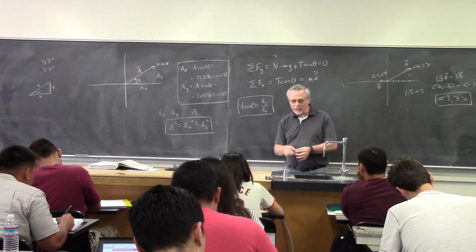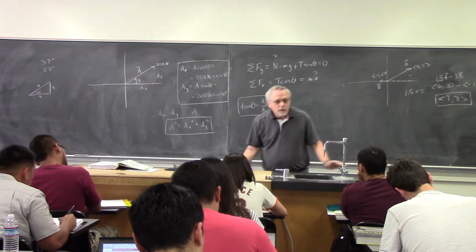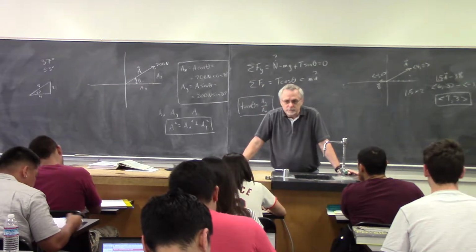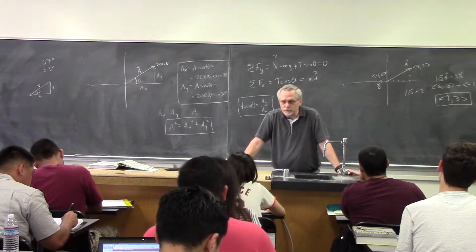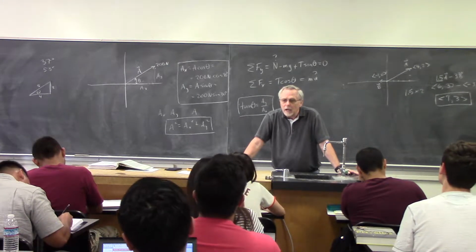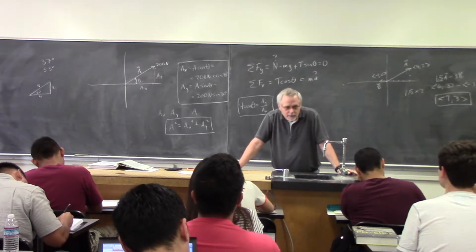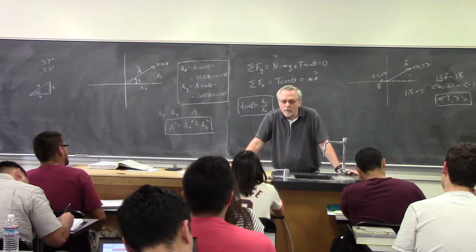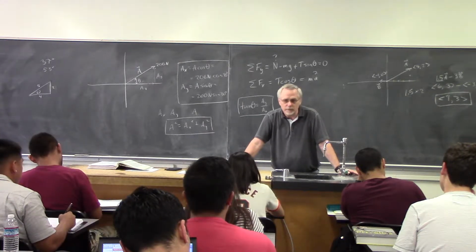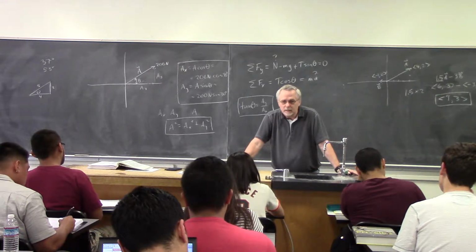And by the way, I kid you not, all your calculators know this. They have a special button that will do it for you. All you have to do is push it or enter the numbers in a particular order. I highly, highly recommend that you figure out how to do it on your calculator because it will save you a lot of time on tests when we need to find these things.